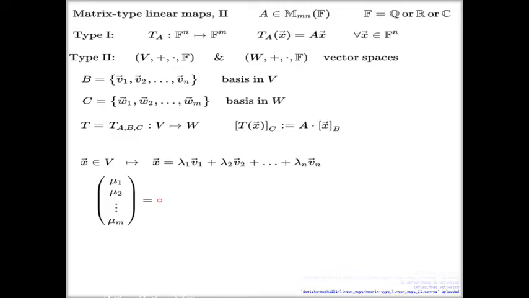How do you do that? You take this set of coefficients and multiply by this matrix A. That's the second stage of the construction.